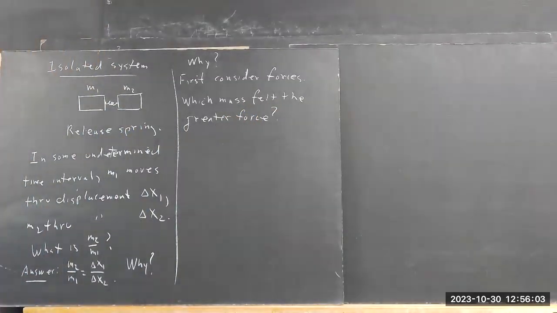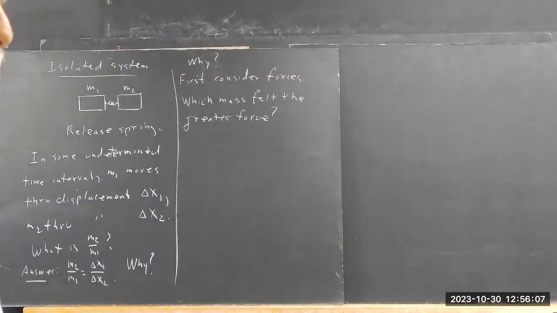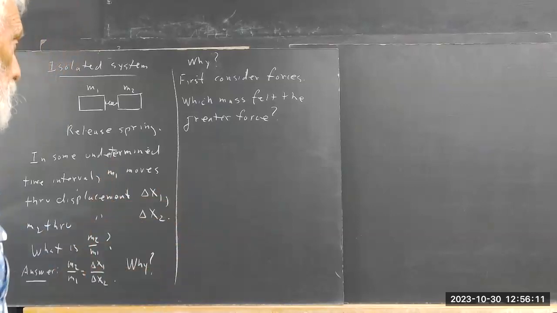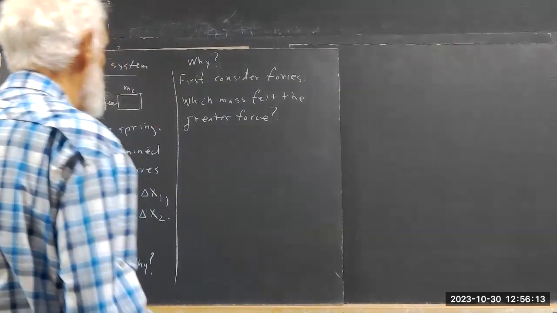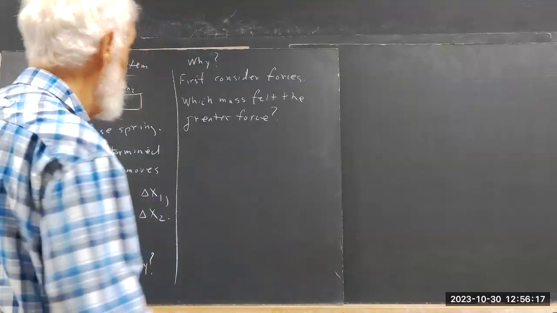And which mass felt the greater force? Well, some people said the one that moved further. Other people said the one with the greater mass. By Newton's third law, the forces were equal and opposite.